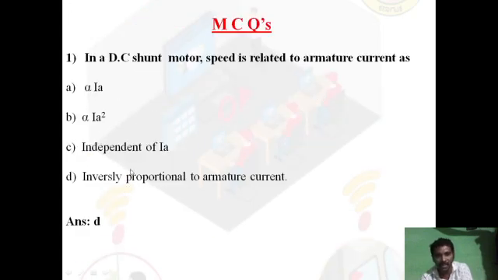Therefore, the speed is inversely proportional to armature current. Directly proportional means it increases, but in the graph, as the armature current increases, the speed of the motor decreases. Decreasing means inversely proportional. Therefore, we can go for option D.